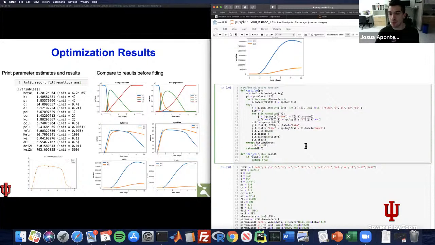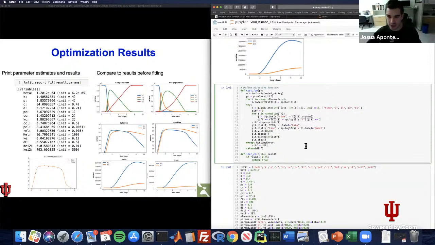And we want to explore whether the fitting algorithm can find a set of parameter values for which some cells survive at the end of the simulation. That would correspond to a scenario where the immune system kicked in and controlled the infection before the infection spread throughout the tissue or throughout the domain that we were simulating.